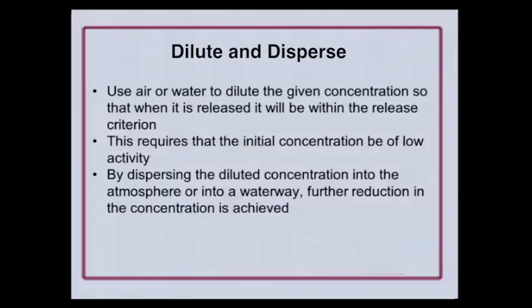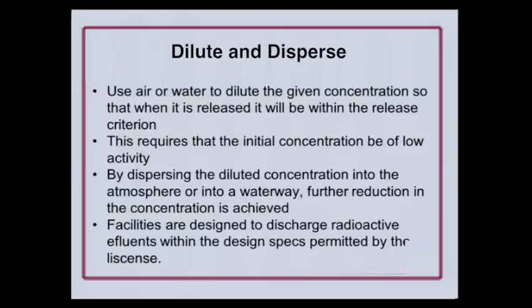Those types of things are addressed in your environmental tech specs and your radiological environmental impact statements or management plan, your RIM. The facilities are designed to be able to do that. I mean, there's installed piping and systems that have specific design features.